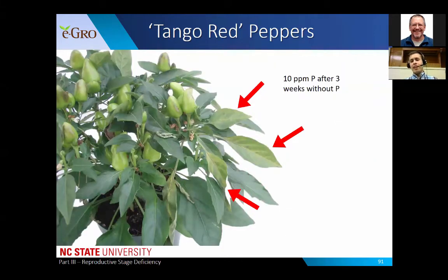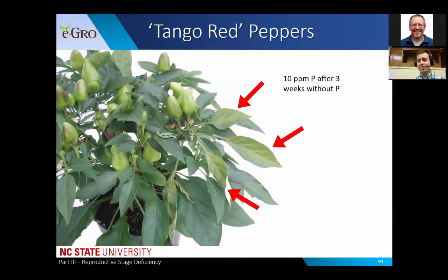So that previous picture we showed you was 5 weeks after the phosphorus had been cut off. Here's a picture of the 10 part per million phosphorus plant that was switched to 0 3 weeks after it stopped receiving phosphorus. And you can see that for the most part, the plant was very healthy and green, but some of those leaves just below the peppers have that chlorotic, dull appearance with a little bit of necrotic spotting.